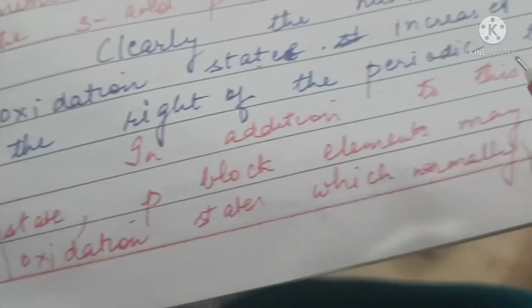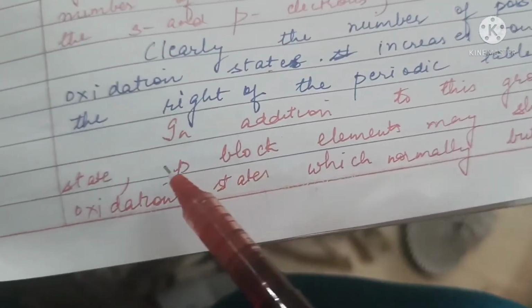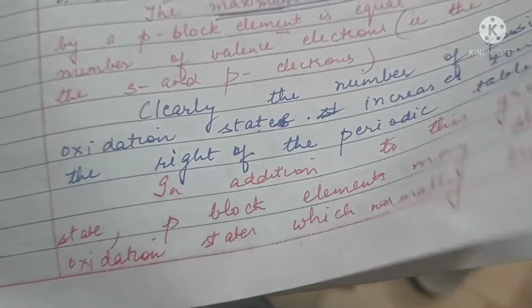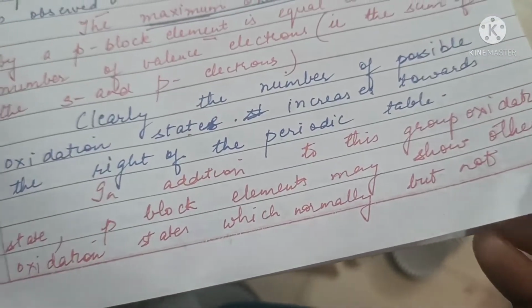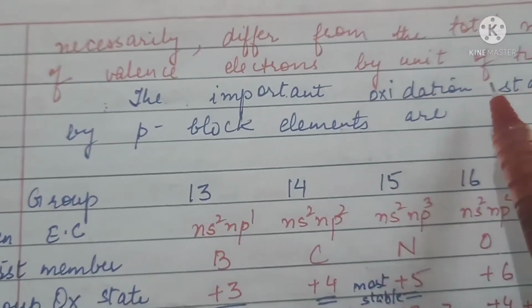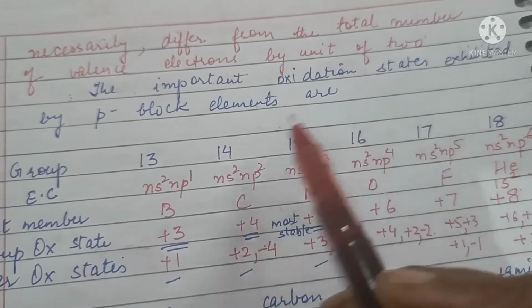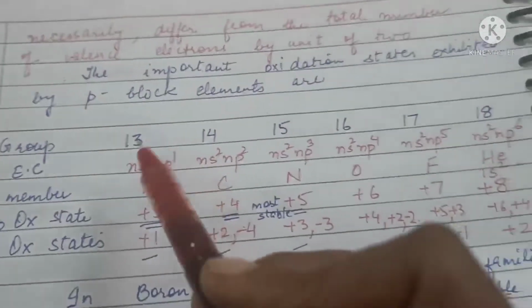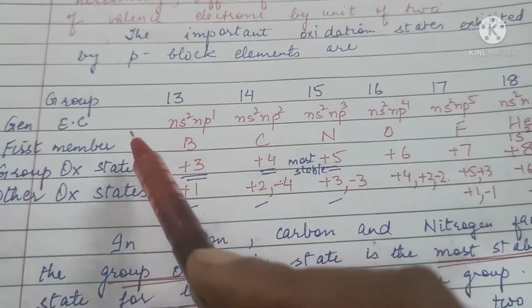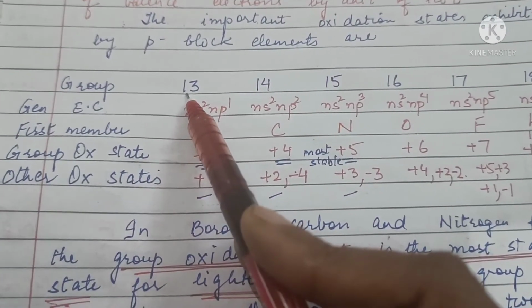In addition to this group oxidation state, p block elements may show oxidation states which normally, but not necessarily, differ from the total number of valence electrons by units of 2. So important oxidation states exhibited by p block elements are, let us take them one by one.